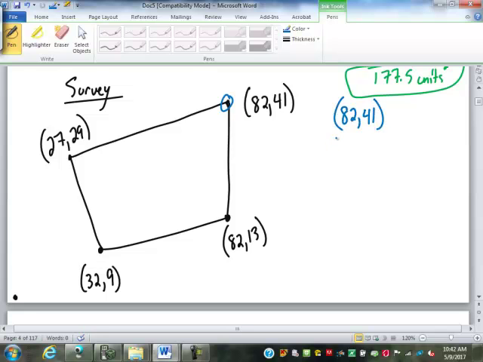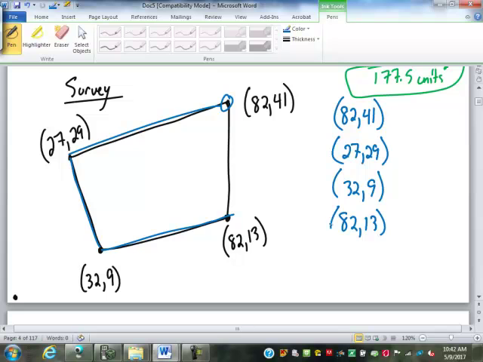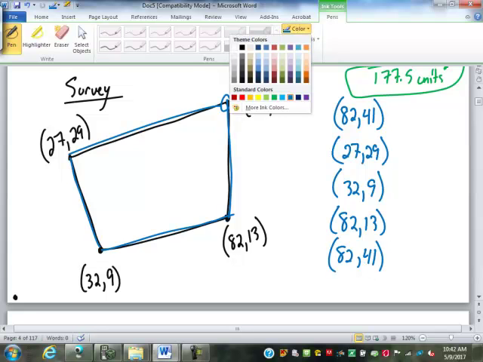Okay, what would be next? 27, 29. What would be next? 32, 9. And next? 82, 13. And next? And then 82, 41, back to the start. Now what?